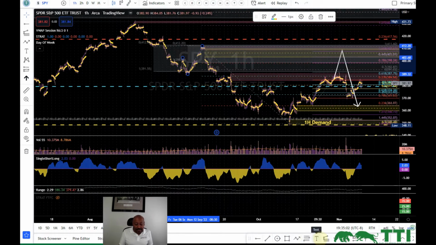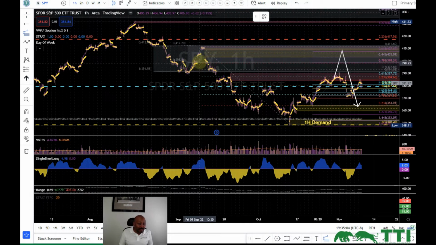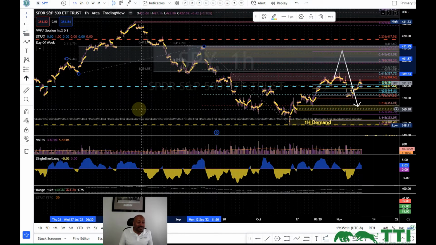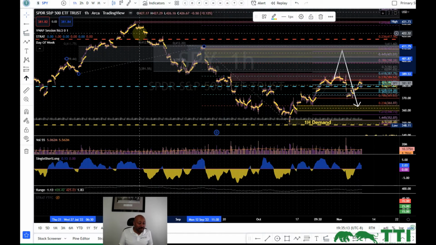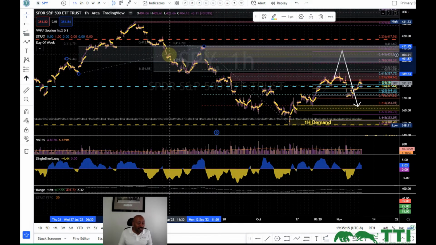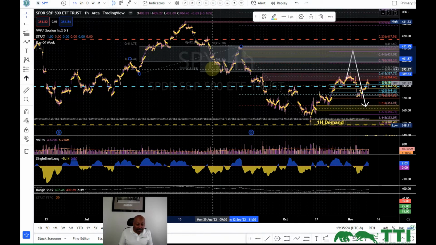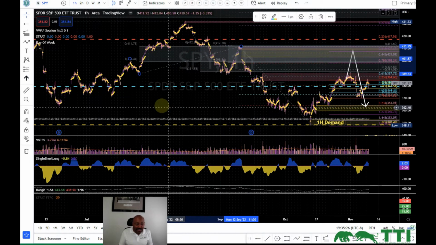So it's important to remember that you have to draw multiple of these to look at historically what kind of move this chart makes. Not just a one-time big move or a one-time small move, but do those kind of moves repeat themselves? And so far, two of these are lining up.